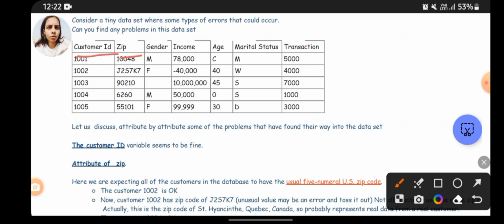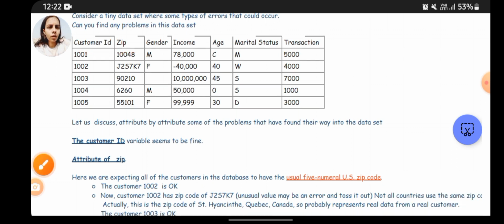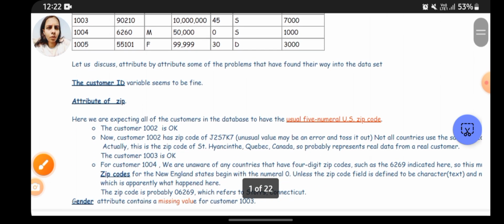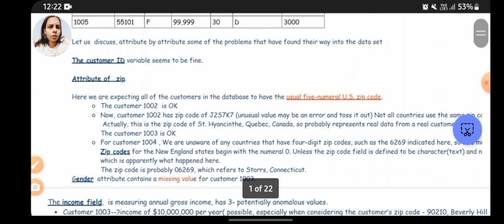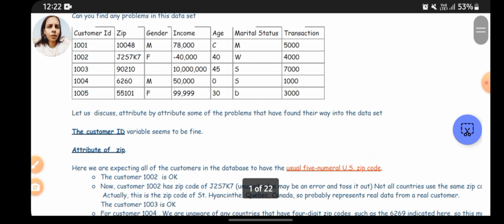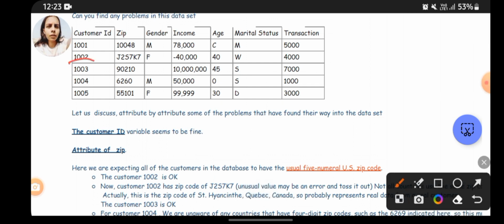Another customer has the zip code J2S57K7, which is not a usual US value, actually this zip code is of Canada. So in the zip attribute there are errors in customers 1002 and 1004.